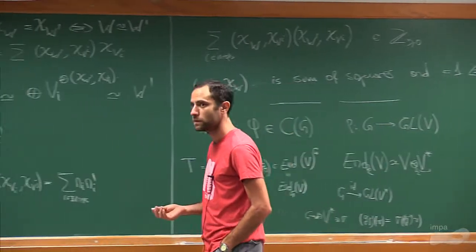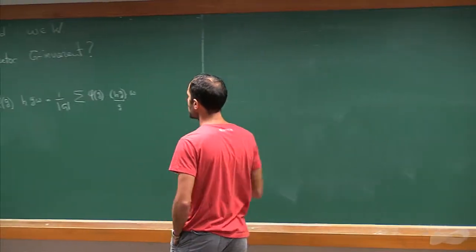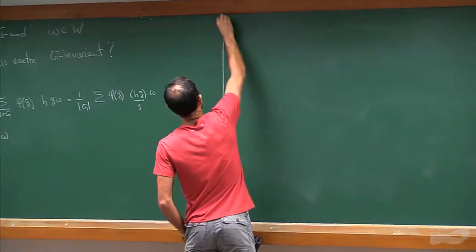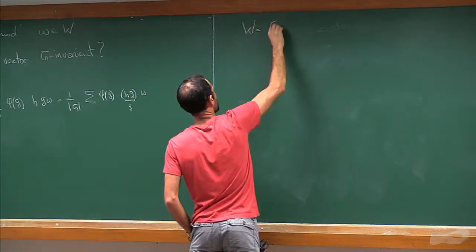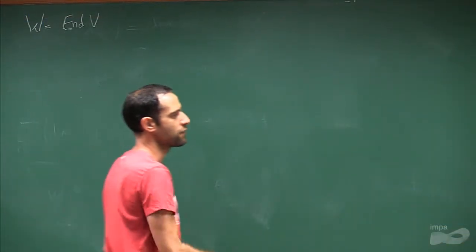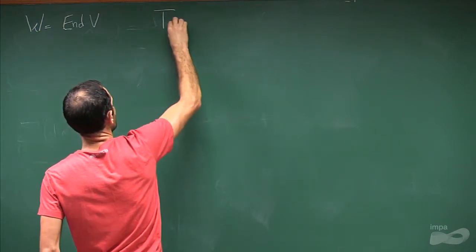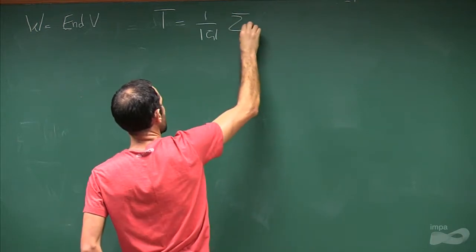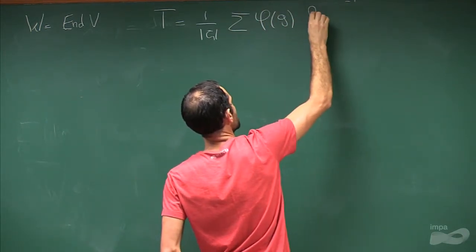Let's try to repeat that construction, where instead of acting on a generic representation, let's act on a place where I act by conjugation. So I now take W to be endomorphisms of V, and instead of that T there, I'll construct T to be 1 over |G| times the sum of phi of g times rho of g.